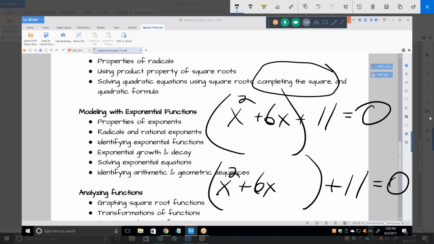Now, notice I have not changed anything. I've got all of the terms that have x in it in parentheses. And the way to complete the square here is to take half of the coefficient of x and square it and add it. So what do I want to add?